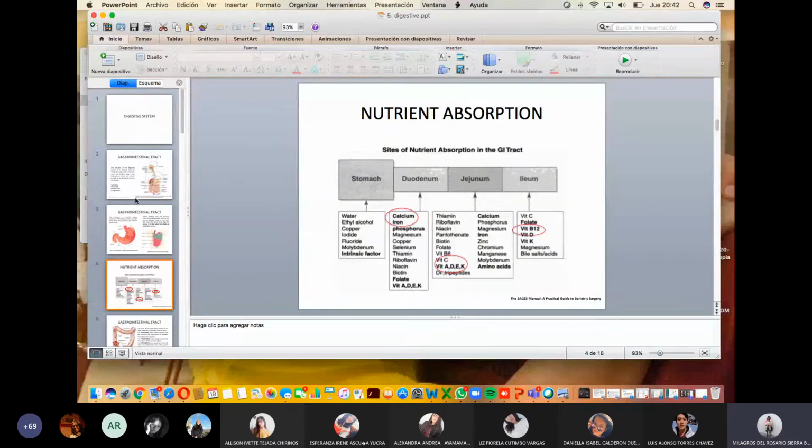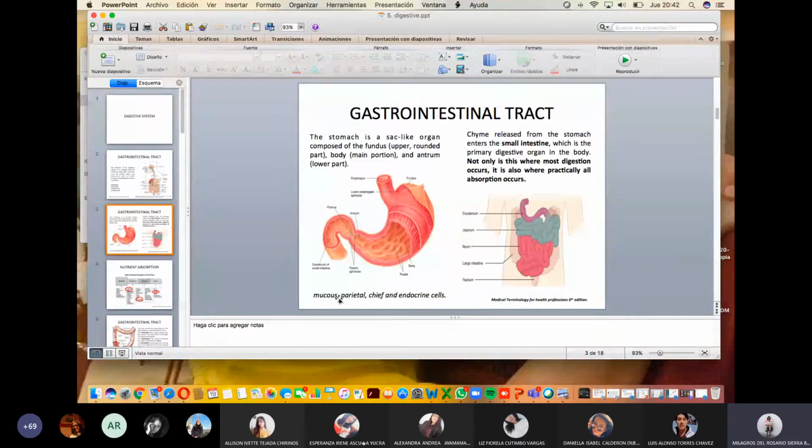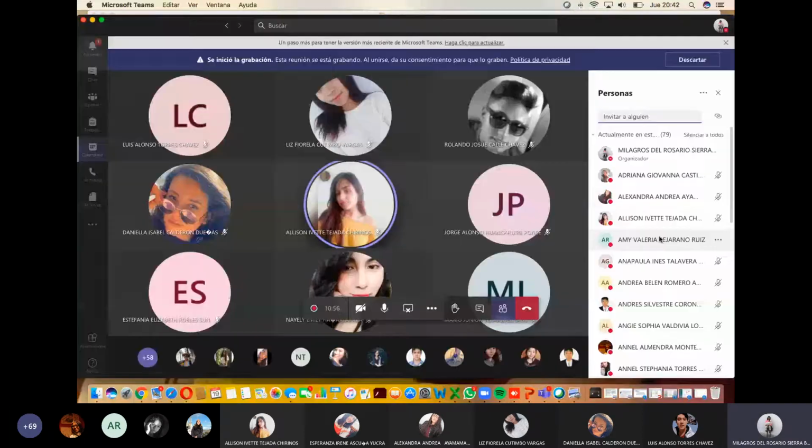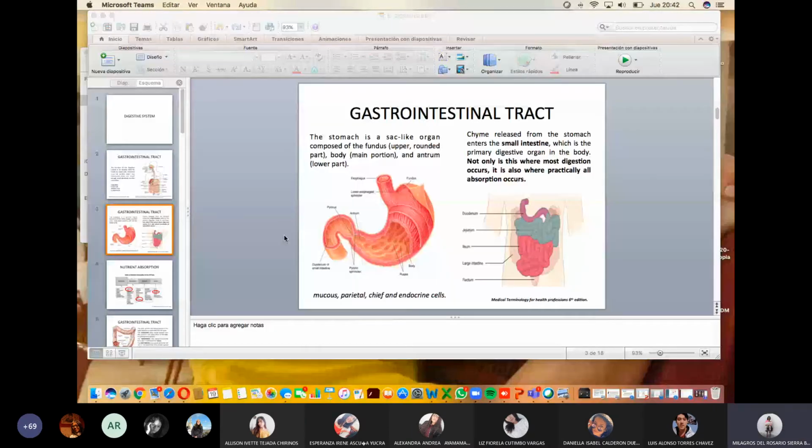Something that I forgot. In the parietal cells, you also have the secretion not only of hydrochloric acid, but also of the intrinsic factor. Do you guys know what the intrinsic factor is, Ana Paula? Sorry, miss.